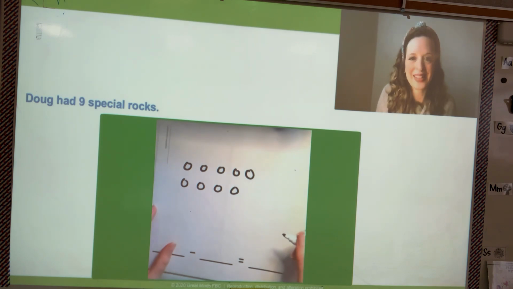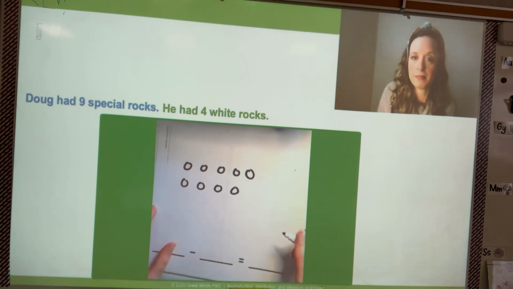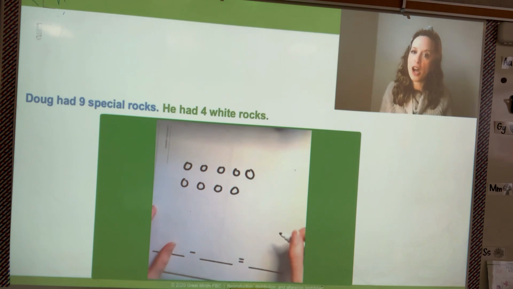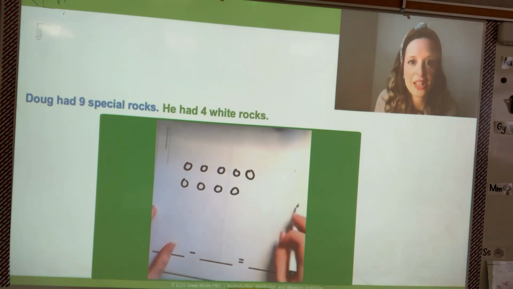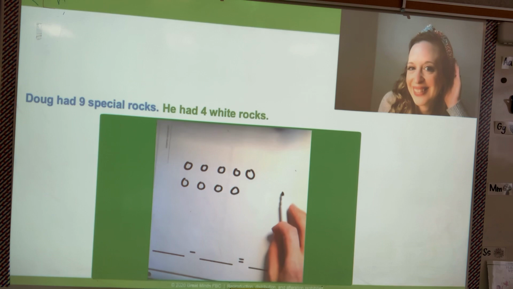Let's read the next chunk. He had 4 white rocks. How could we show that he had 4 white rocks? If you have an idea, lean into the screen and tell me your idea. I'm listening.